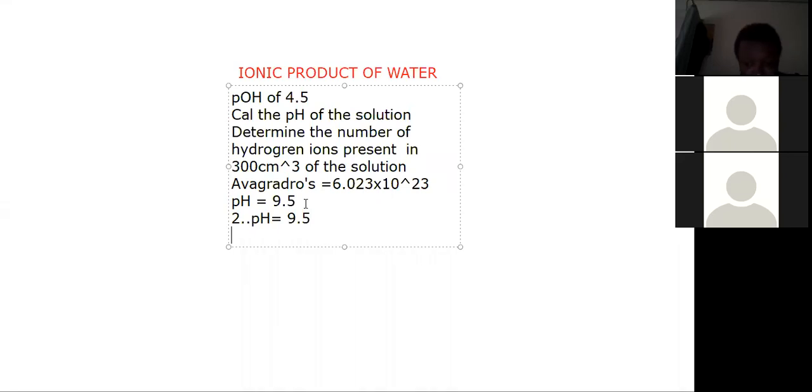So the concentration of H will be equal to 10 raised to the power minus the pH, which is minus 9.5. What are you getting?